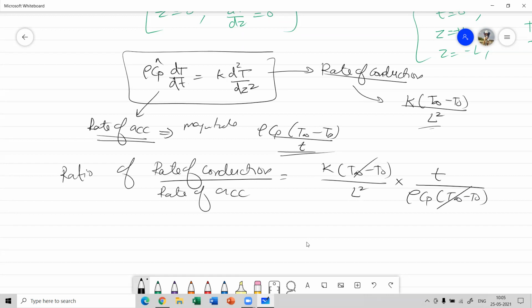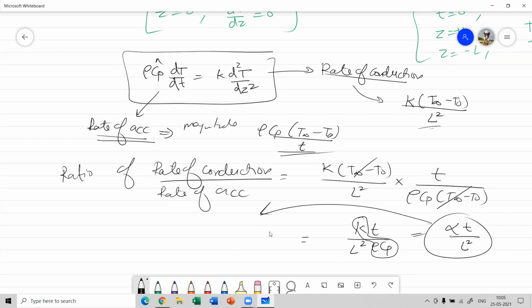So this gets cancelled with this. It comes out to be K t by L square rho Cp. And what is K by rho Cp? It's alpha. So alpha t by L square. So this particular term is called the Fourier number.